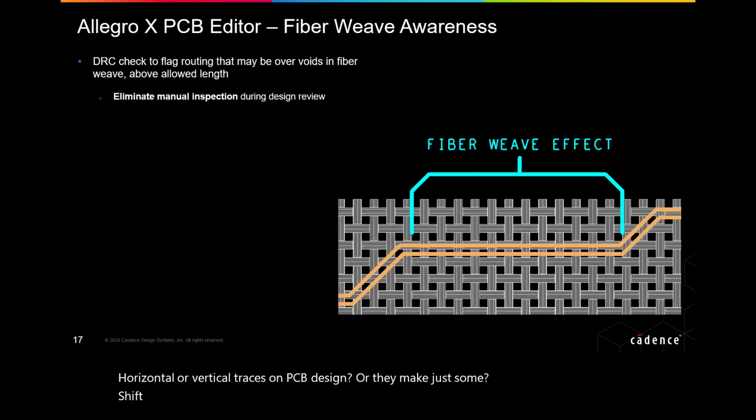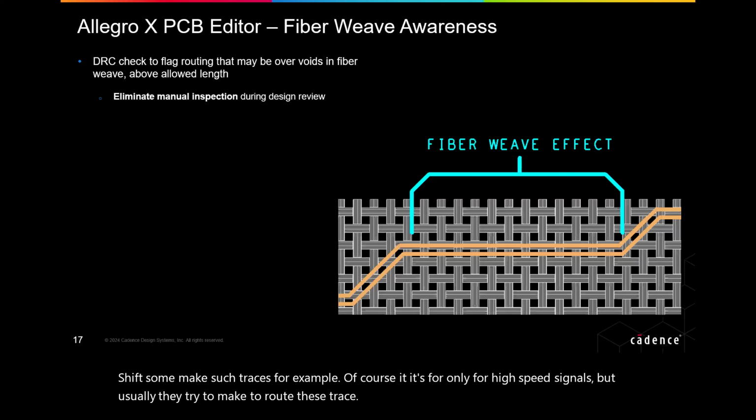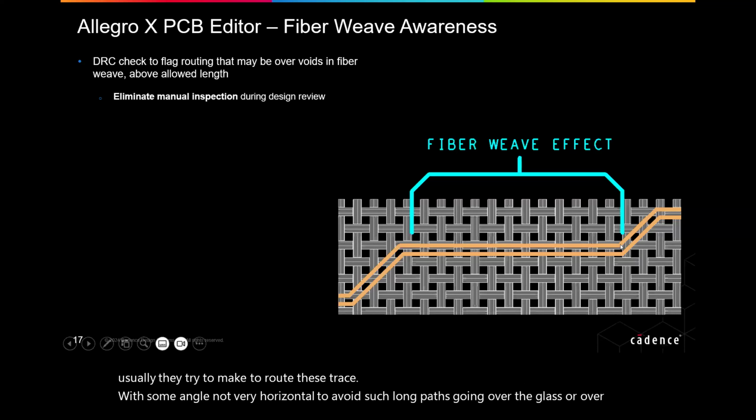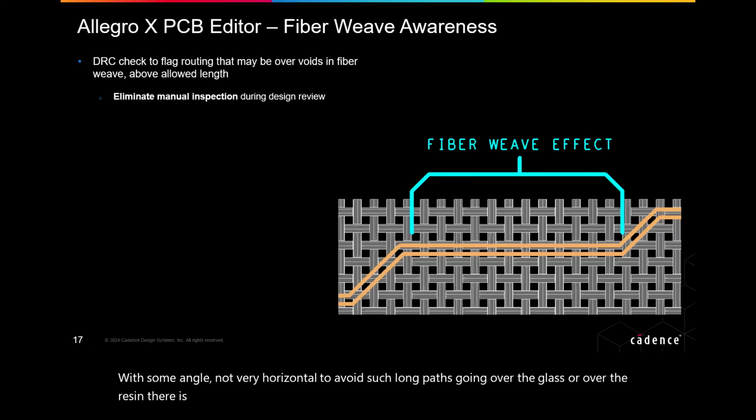Of course, it's only for high-speed signals, but usually they try to route the trace with some angle, not purely horizontal, to avoid such a long path going over the glass or over the resin where there is no glass, to avoid such a dramatic change of impedance.